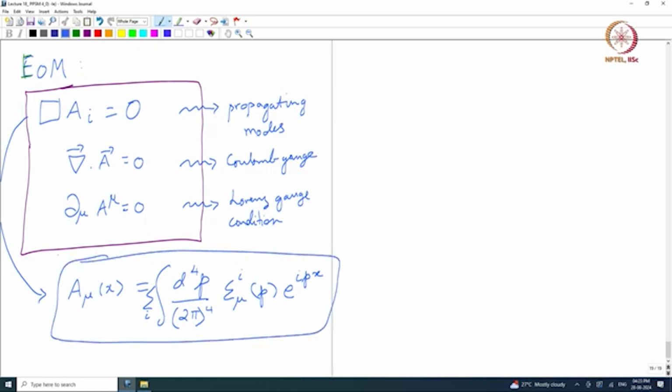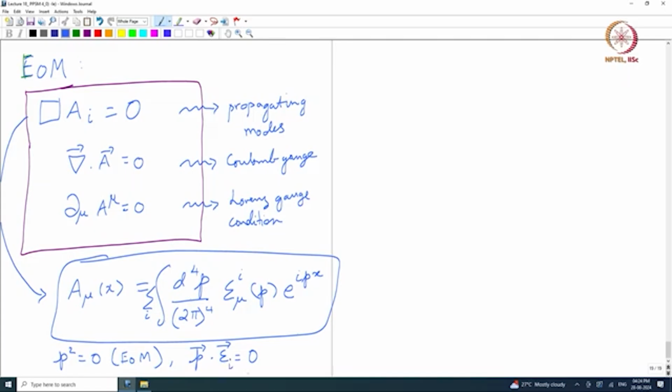Good. And then of course when I apply the equation of motion, I will get p squared equals 0 from the equation of motion, which is good because we know that photons are massless, and I will just write this in 3-vector notation for each of the polarization vectors.